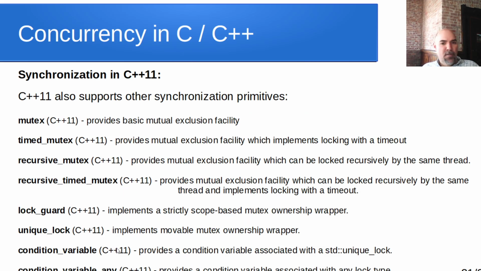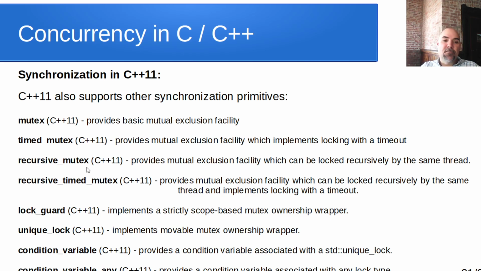Now, condition variables, I'm not going to go over those right now, but they are part of a collection of other primitives that are supported in C++11 and beyond. Notice we have mutexes, which we talked about. There are also some other forms of mutexes, timed mutexes, which is like a mutex with a timeout. It's kind of like using a lock in Python with the timeout parameter set to something other than None.